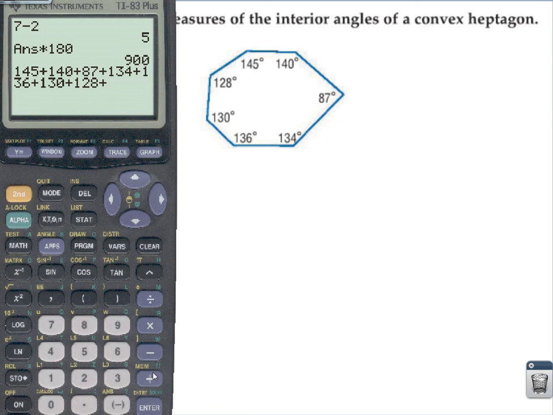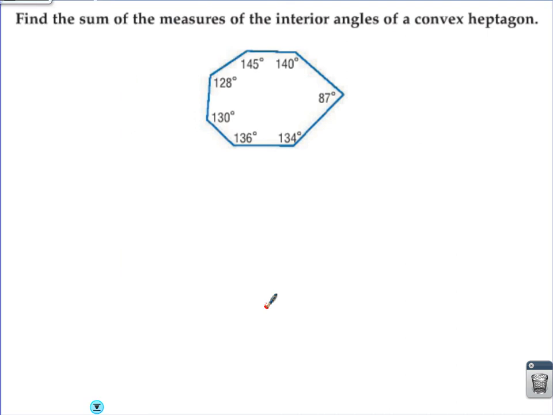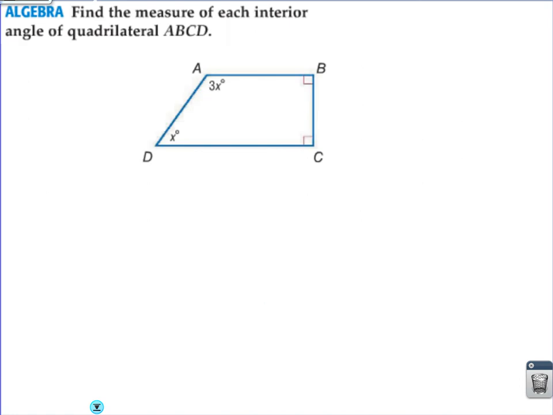So am I done? Delete. And they do add up to 900. Just showing you, just checking it. So find the sum of the measures of the interior angles of the convex heptagon. And notice there it says convex. Those do add up to 900. Okay, we can use the formula. Most of the time they're going to give us a missing one like here.